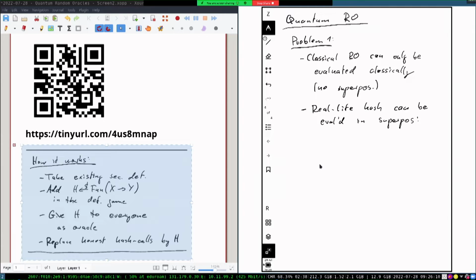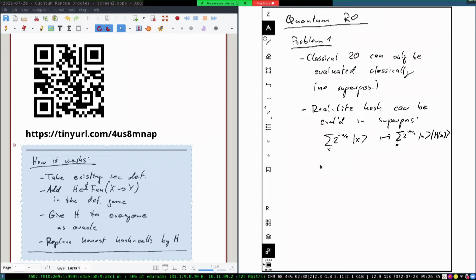By evaluating in superposition, I mean that you can do queries of this form: as an example, you have a superposition of all possible values x, and you use the hash function to map this to a superposition of x and hash of x.